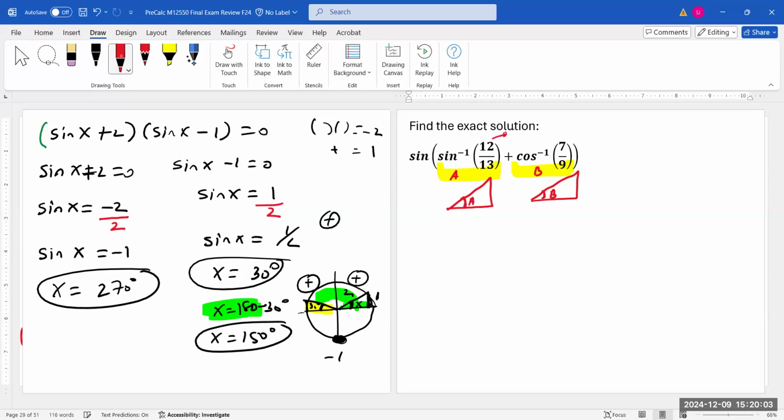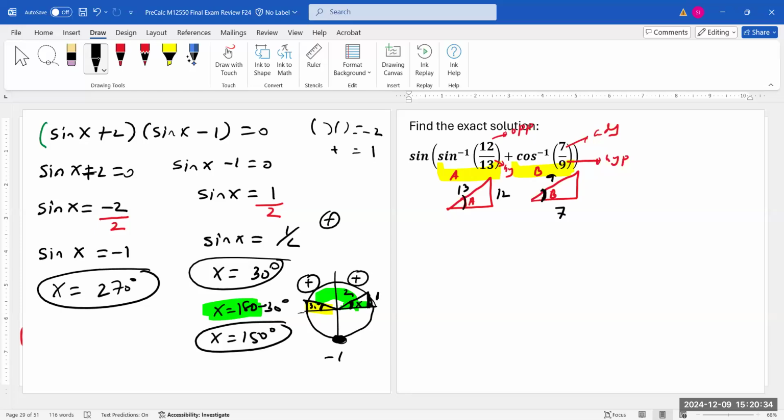Now sine is opposite over hypotenuse. Cosine is adjacent over hypotenuse. That means from this angle, our opposite is 12, hypotenuse is 13. From this angle, our adjacent is 7 and our hypotenuse is 9. That means you have to find the missing side.